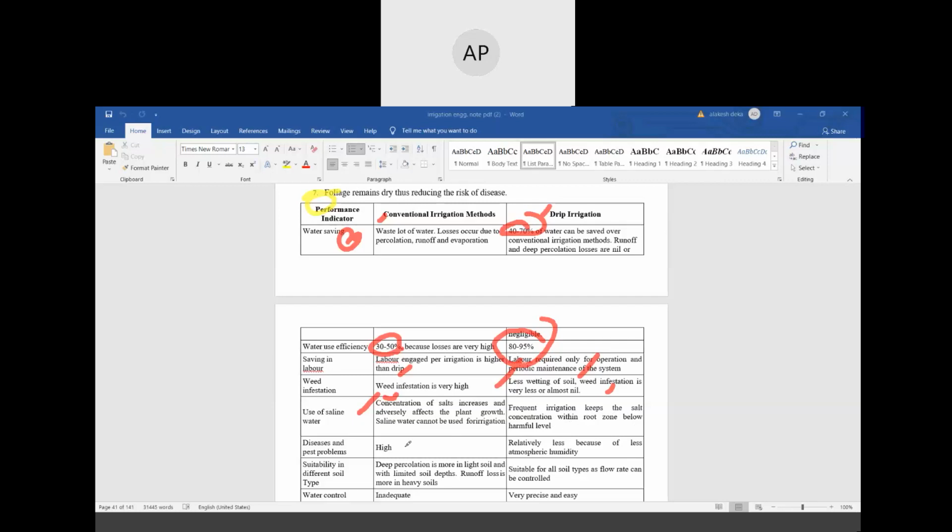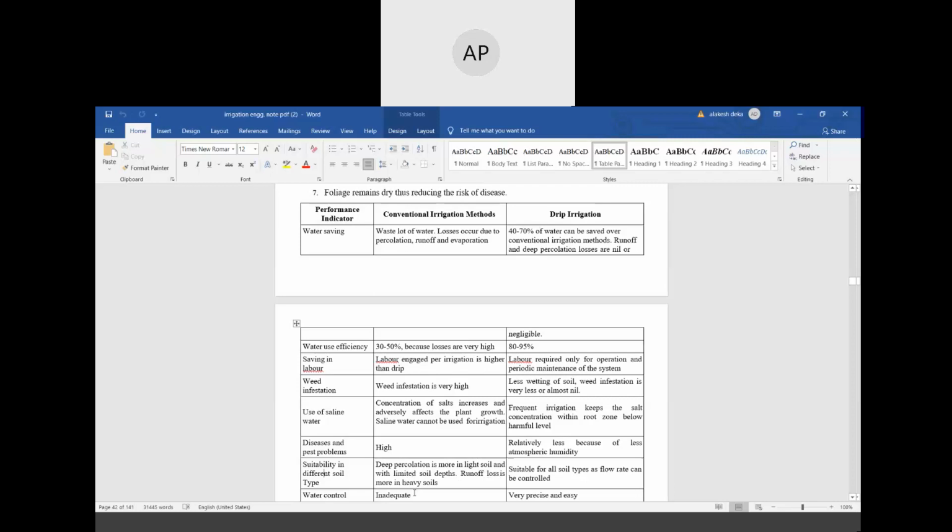Here, in case of disease and pest problems, in conventional type it is high, but in drip irrigation methods it is relatively less because of less atmospheric humidity. Okay. Next is suitability in different soil types. Deep percolation is more in light soil and with limited soil depth.